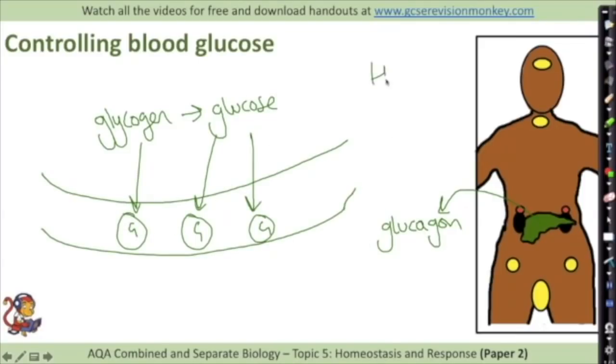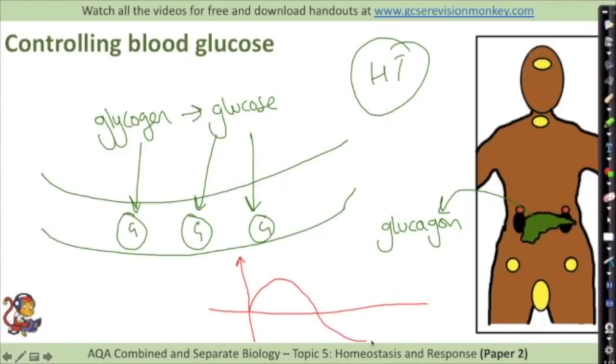So higher tier only need to know about glucagon. If the blood glucose levels are too low, glucagon helps convert glycogen into glucose, which is put back into the blood. This is an example of a negative feedback cycle. So if your blood sugar levels get high and then low and then high again, your main goal is to keep them as close to their optimum level as you can.